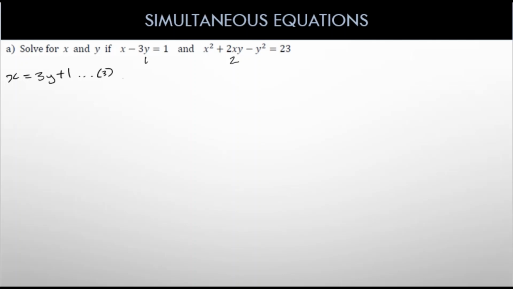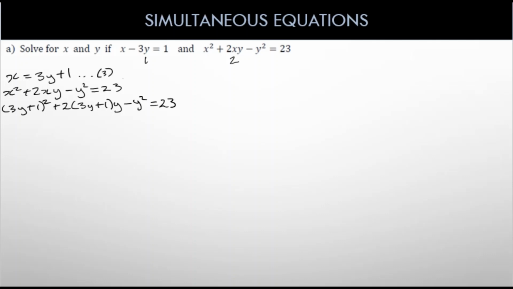So I have an x squared initially, so let me just write it: x squared plus 2xy minus y squared is equal to 23. So whenever I see an x, I put 3y plus 1. So it's 3y plus 1 squared plus 2, and then wherever there's an x, 3y plus 1 multiplied by y, minus y squared is equal to 23.